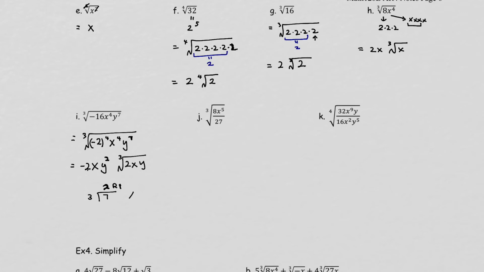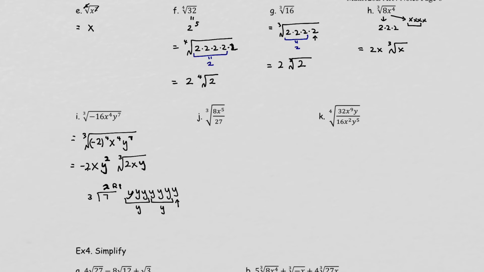Or if you wanted to see it as a picture, that's going to be y, right? 7y, 1, 2, 3, 4, 5, 6, 7 out of 7. This becomes 1, this becomes 2. 1y, the other y makes it 2y here, right? And the one that didn't have 3 matching will stay inside.